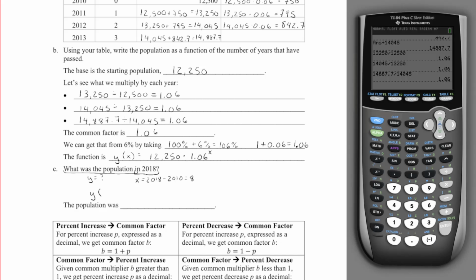We want to find y of 8, which is 12,500 times 1.06 to the power 8.